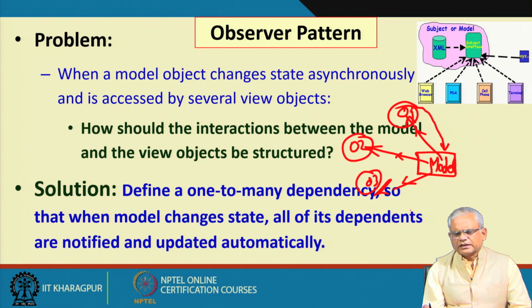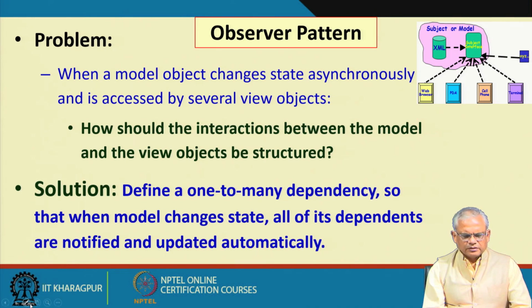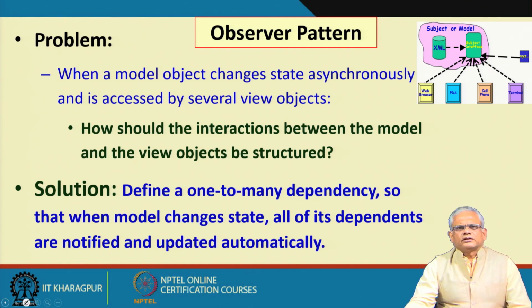Many observers can attach themselves to the model, which stores their IDs, and whenever there is a change it communicates to the observers. So, the solution is simple. There is a one to many dependency, not many to one. Many to one would have been if the different observers kept on requesting the model or the subject.